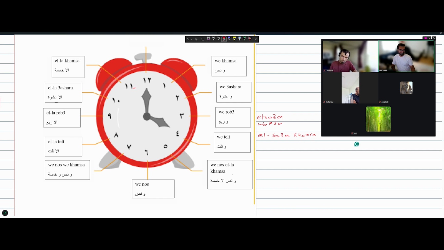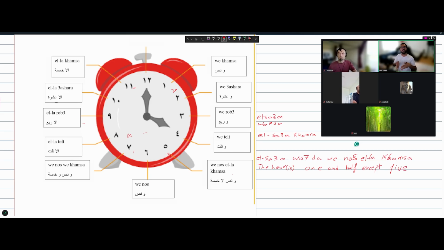So let's break this down. الساعة, the hour, is واحدة, 1, ونص, and a half, إلا, except, خمسة, 5.